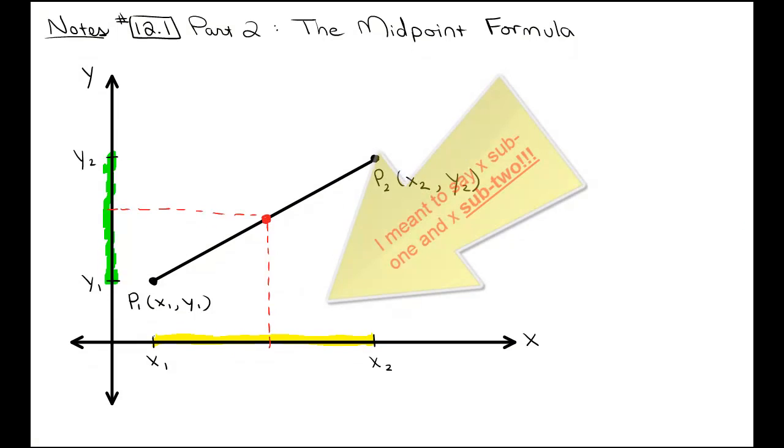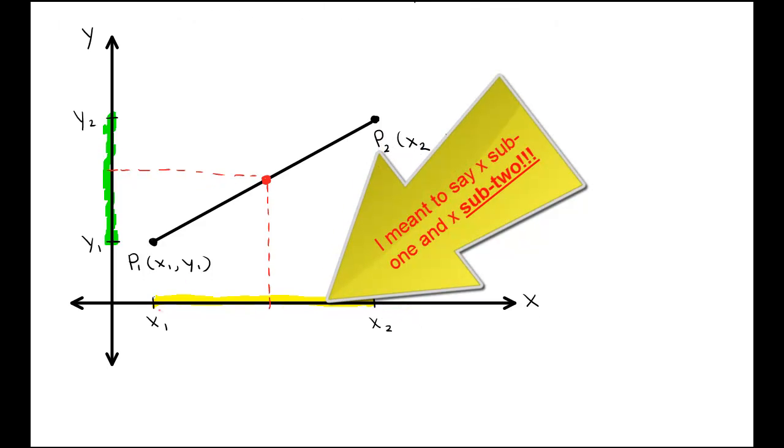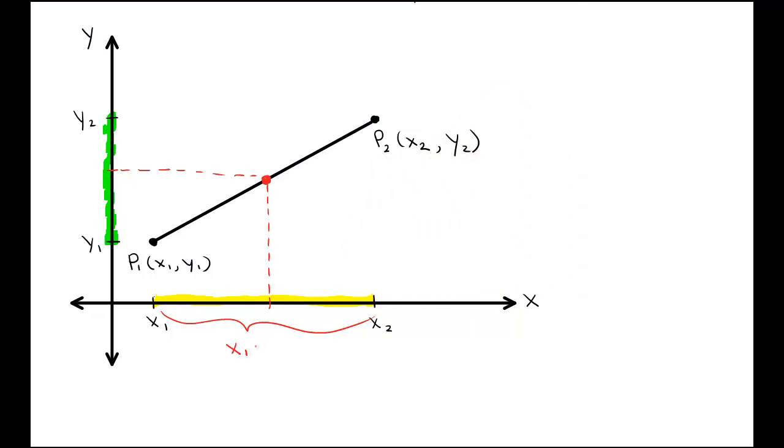Alright, so how do we do this? To find the very middle between X sub 1 and X sub 2, I need to find an average. I'm going to add X sub 1 plus X sub 2 and divide by 2. And to find the very middle between Y sub 1 and Y sub 2, I need to find an average as well. So I'm going to add Y sub 1 plus Y sub 2 and divide by 2.